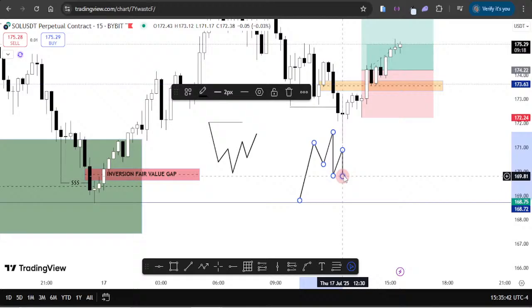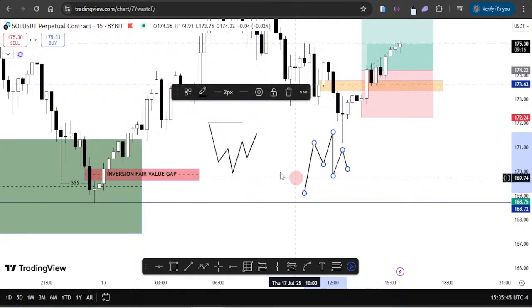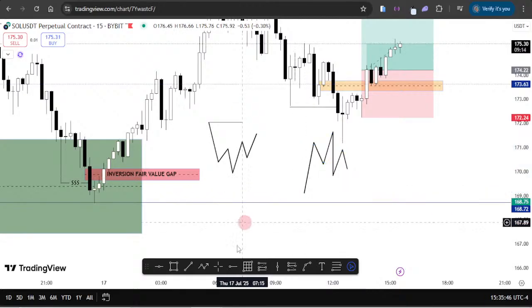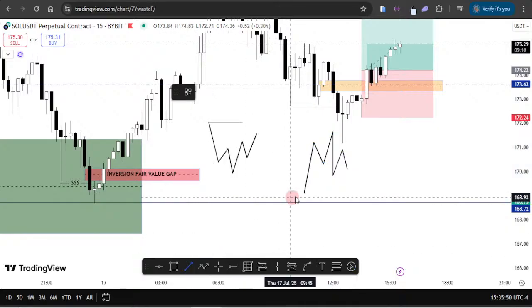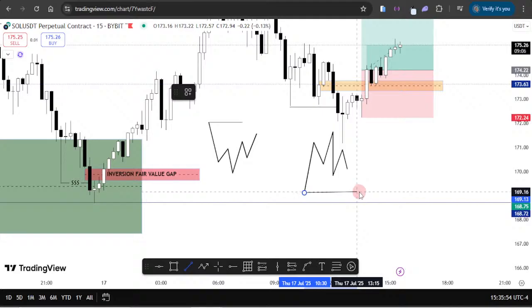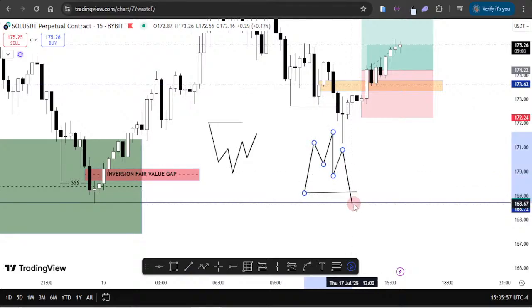So there will be various lows, but this low right here is a low that is pointing out. It is like waiting for price action to kind of sweep into it.